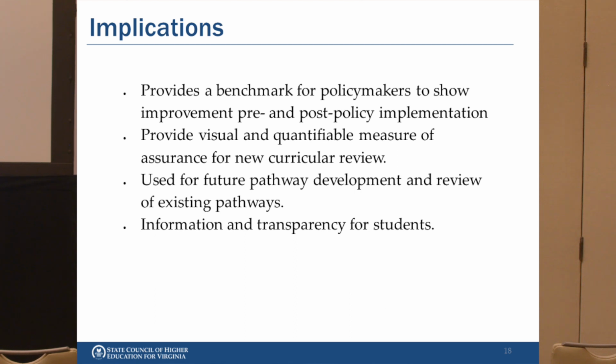They can say, hey, we go back, we take a look at this, or the student can say, I have this much aligned, I want to go to this institution. So this is good information, particularly from the transparency aspect. And as many of you in here are probably aware of, transparency is usually the biggest issue. Information dissemination is the biggest hindrance for students transferring.